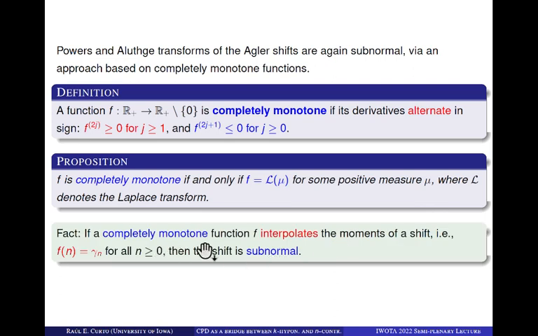It's a fact that if a completely monotone function f interpolates the moments of a shift, namely f of n is gamma n, the moment, for all n, then the shift is subnormal. So this is one sufficient condition that you can use to check that your weighted shift is subnormal. You look at the gammas, and they happen to be the restriction of the function f to the non-negative integers, and the function f is completely monotone.